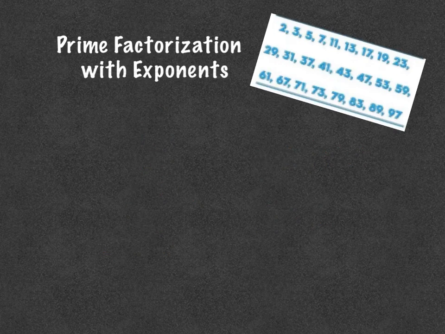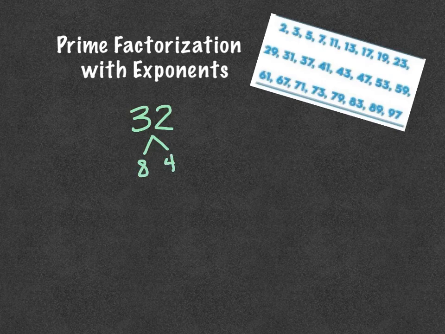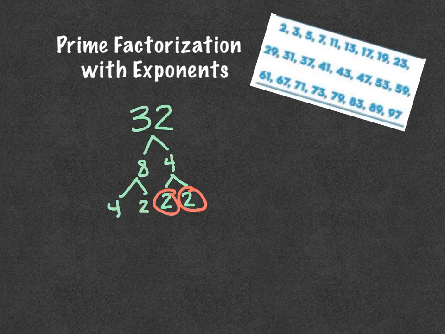I'm going to show you more, and it's kind of a fun one. So if we have the number 32, we could split this up into 8 times 4. Neither one of those is prime. So I'm going to split my 4 up into 2 times 2. The 8 would be 2 times 4.